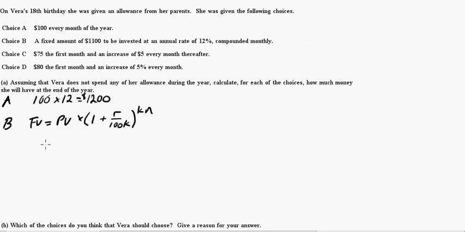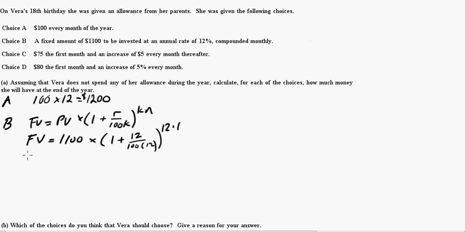We just want to see what our future value is going to be. So the future value is going to be, she starts out with $1,100 times 1 plus, what's the interest rate? 12% interest over 100 times 12, all raised to, now it's 12 compounding periods and it's just 1 year, so it's going to be raised to the 12th power.